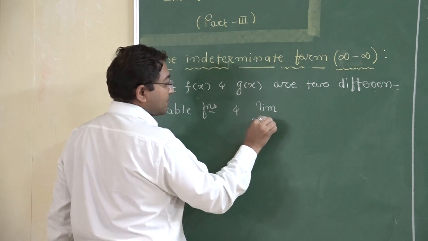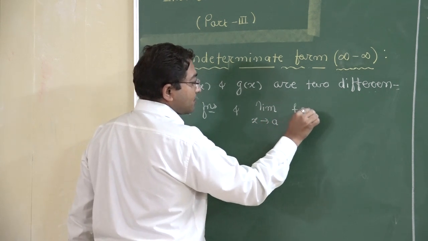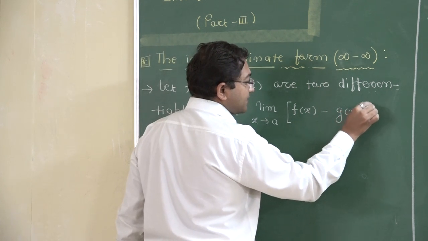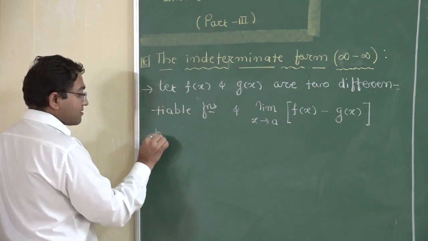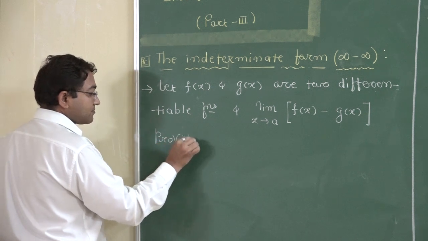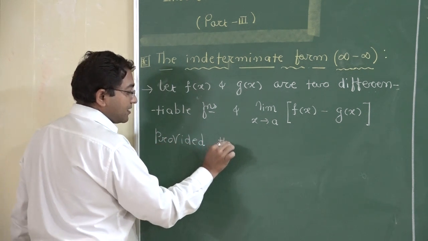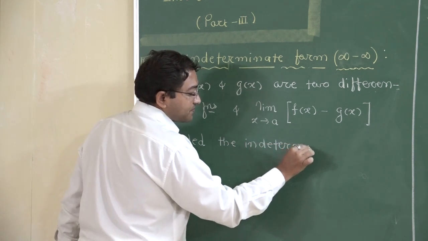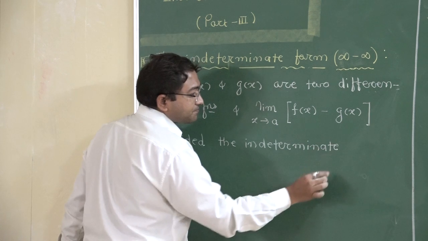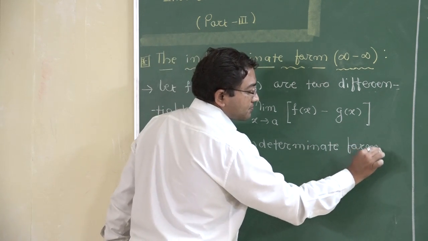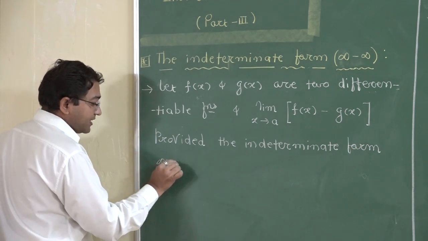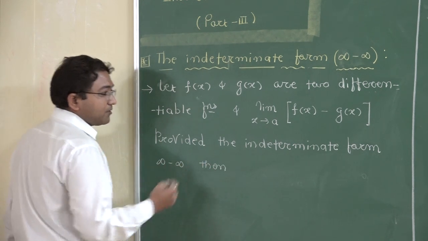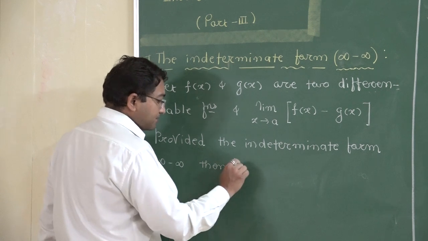The limit x tends to a, f of x minus g of x, provided the indeterminate form infinite minus infinite. Then what we will do? We will do like this.